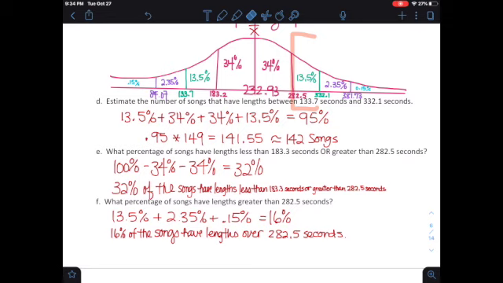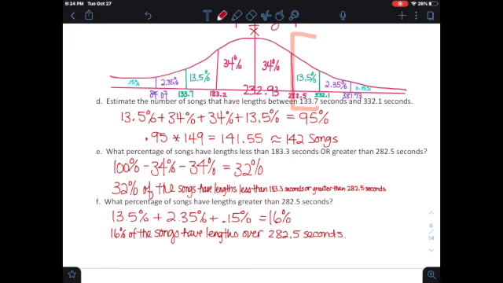Now, for letter D, to be more precise, 142 songs is okay, but I probably expected a little bit longer answer. For example, 142 songs have the length between 133.7 seconds and 332.1 seconds.